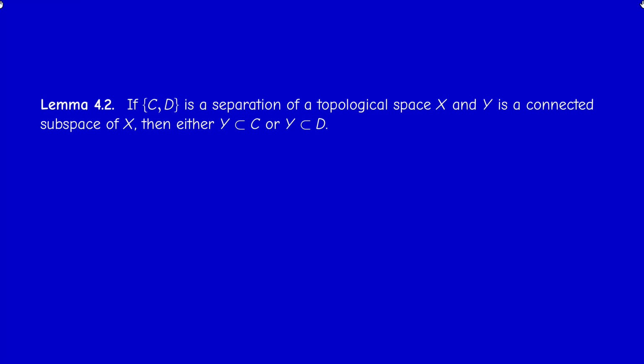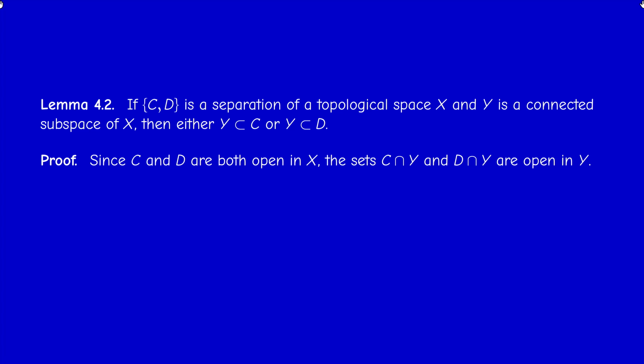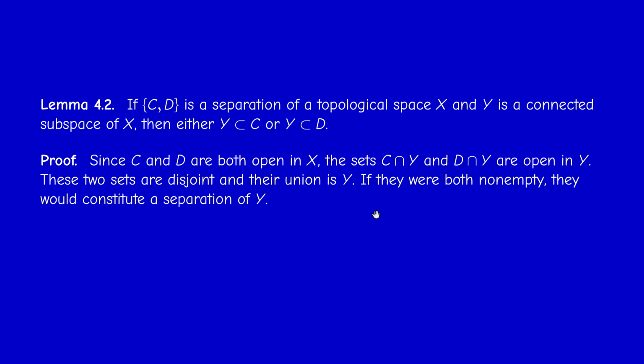Okay, this is not difficult. Since C, D is a separation, C and D are both open and not empty. By definition of the subspace topology, C intersected with Y is open in Y, and D intersected with Y is open in Y. And these two sets are disjoint, and they cover Y. If they were both non-empty, then they would constitute a separation of Y. But Y is connected.